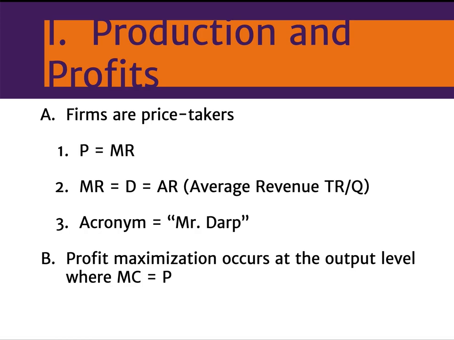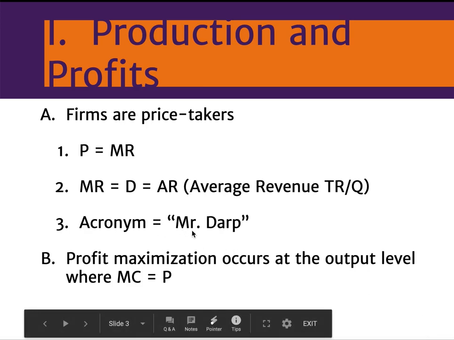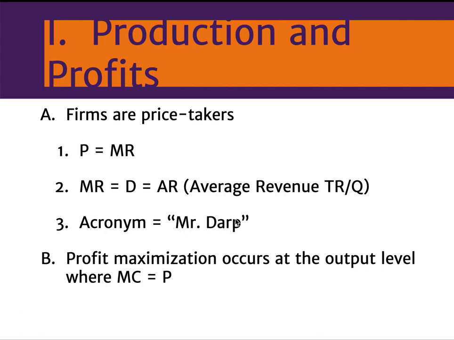So if our demand is equal to our marginal revenue, and our marginal revenue is equal to our price, we start seeing how this acronym develops. And average revenue is simply total revenue divided by quantity. That is also going to be the same in perfect competition. So marginal revenue, demand, average revenue, price are all going to be the same in perfect competition.